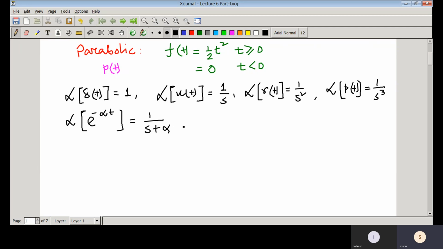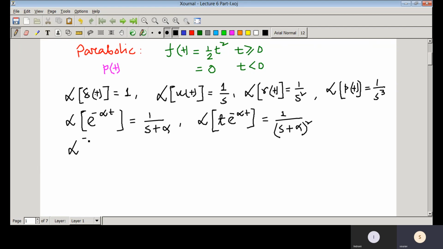Then the Laplace transform of t e to the power minus alpha t is 1 by (s plus alpha) whole square.